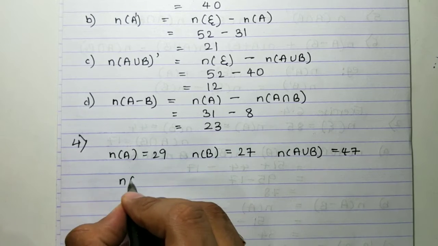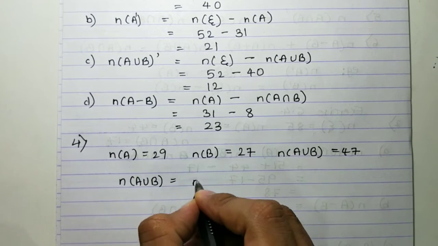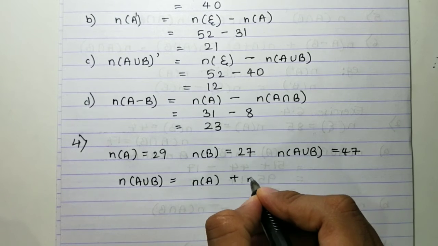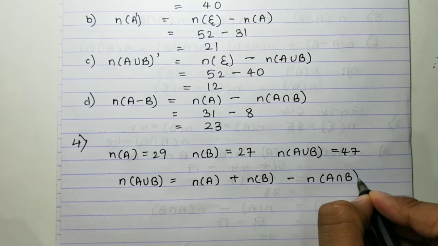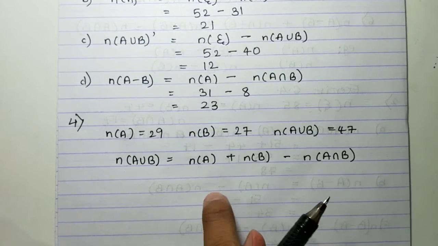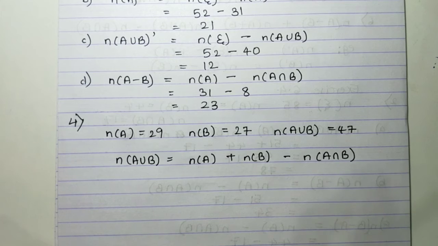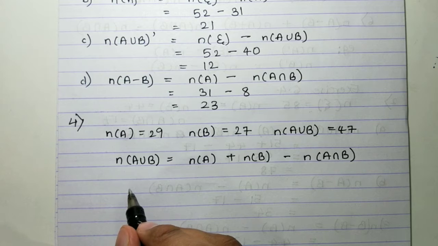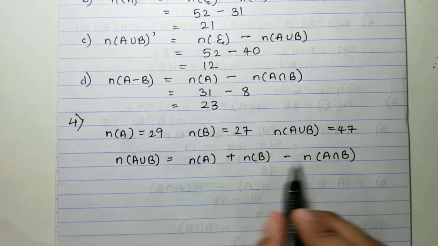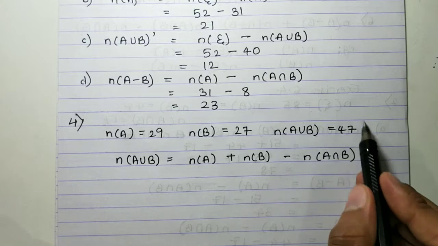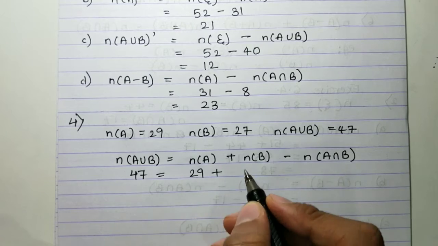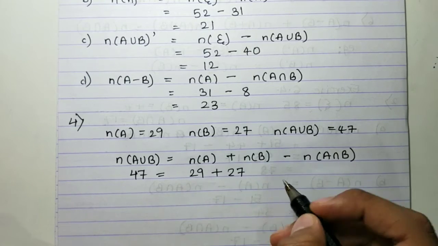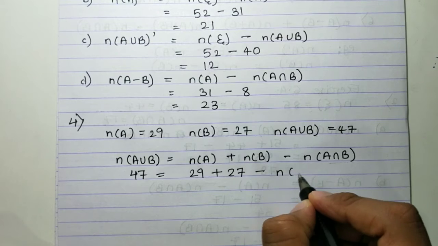Use the first formula. A union B is A plus B minus A intersection B. Now from this we know A union B already, 47, so I'll write 47 here. What is A? 29. What is B? 27 minus, we don't know this, so keep it as it is.